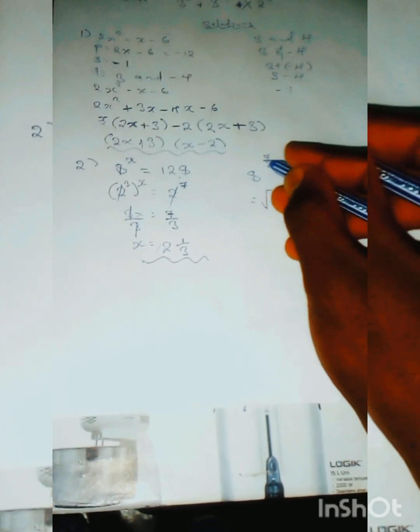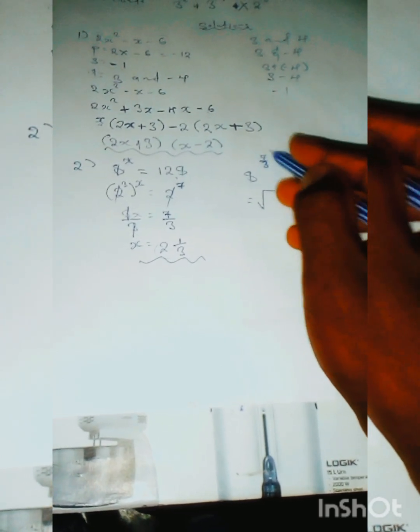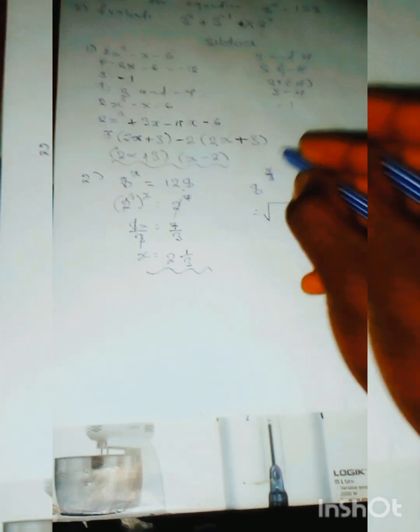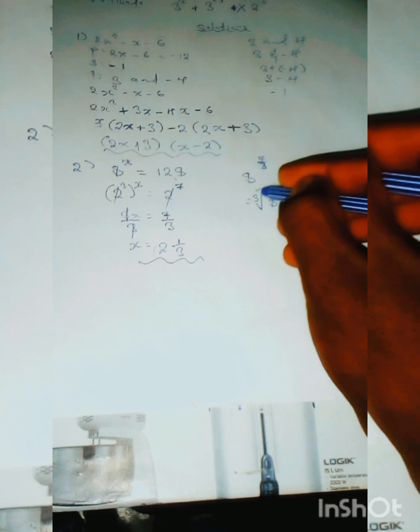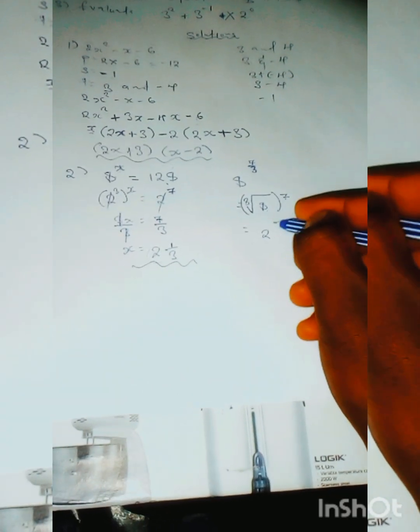The over. When an over is in the power, it represents a square root. Just the over, not the whole expression here, but that's the over. Then this will come here, which is 3. 8 will come here, like this. Then 7 it will come here. Then what is the cube root of 8? That's 2. Then 7 will come here.